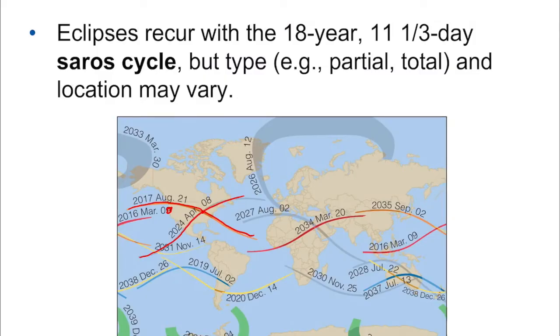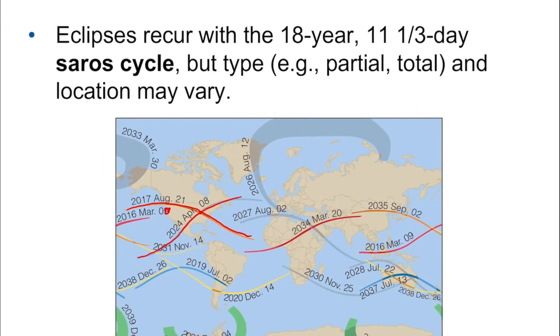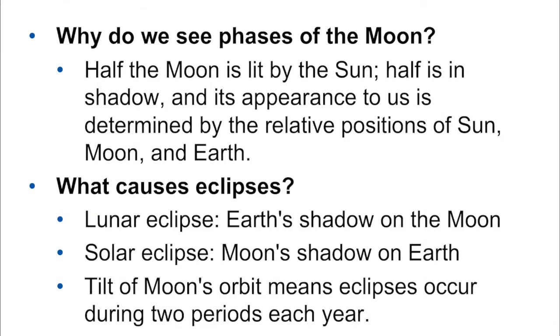Okay, so continuing on with solar eclipses, we know the path of these solar eclipses as they move across Earth's surface, the path of totality. In summary, half the moon is lit by the sun, half is in shadow, and its appearance to us is determined by the relative positions of the sun, moon, and Earth.